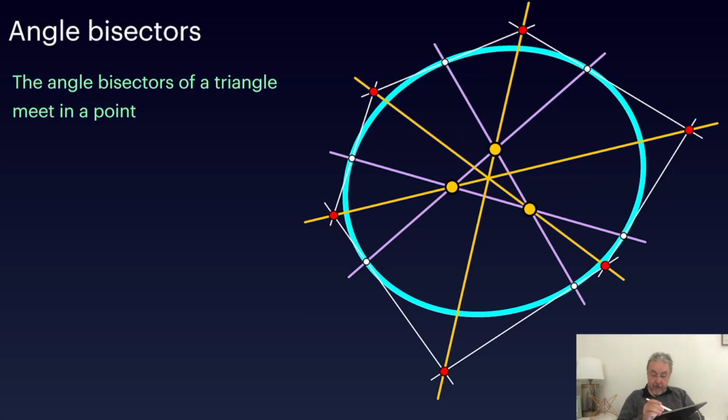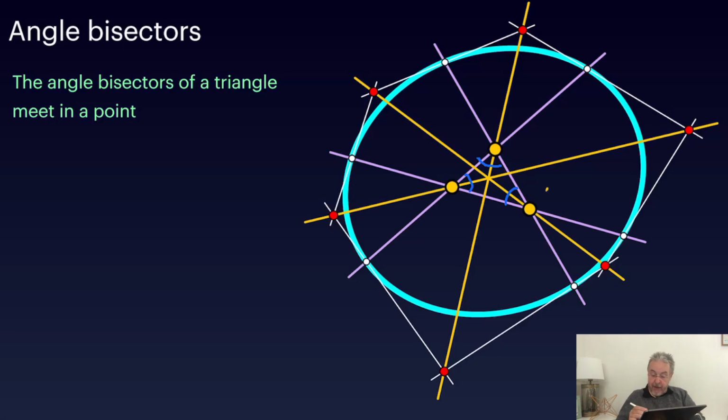So for instance, if you look at this line here and this line here, I said take these two tangents and these two tangents here and take their point of intersection, connect them, and you will get an angle bisector here, same here and same here, and it turns out that these angle bisectors meet in a point. Actually, I've drawn only half of the angle bisectors.